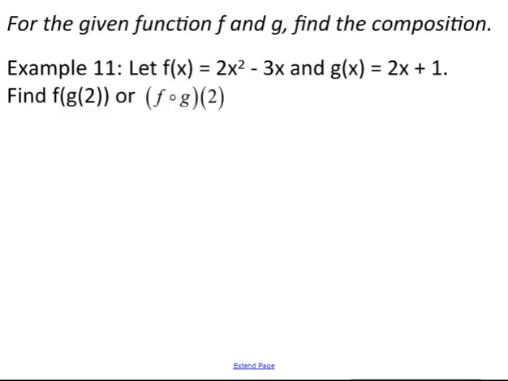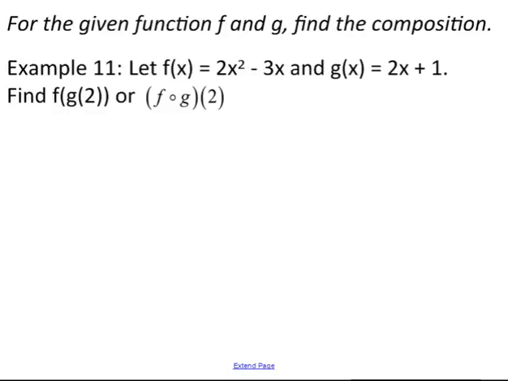Now be careful because this is not a closed circle. It is not times. It does not mean multiply. It is function composition. It's a new symbol. You would not have seen it before. And you would read this as f composed with g of 2. F composed with g.